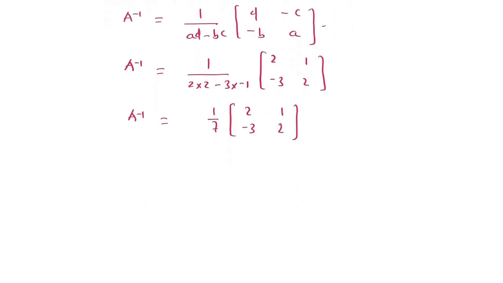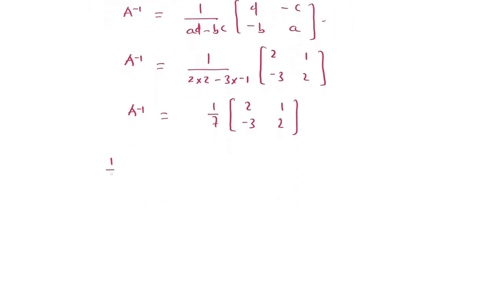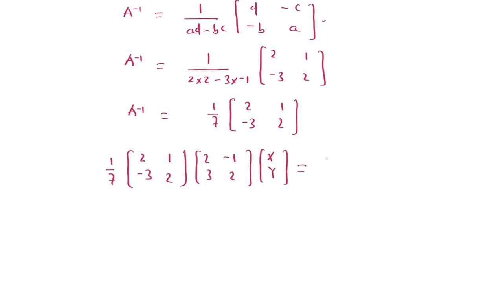Then we have 1 over 7 times matrix 2, negative 3, 1, 2 times matrix 2, 3, negative 1, 2 times matrix x, y equals 1 over 7 times matrix 2, negative 3, 1, 2 times matrix 5, 4.